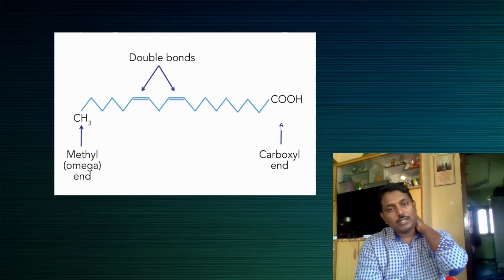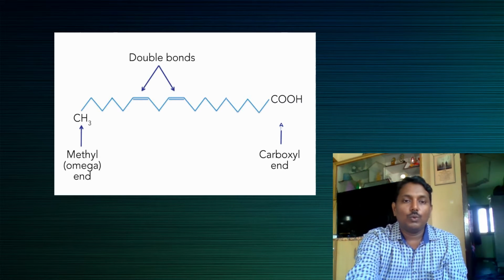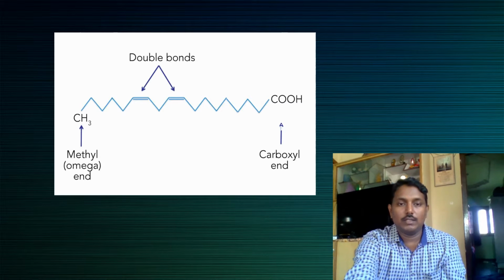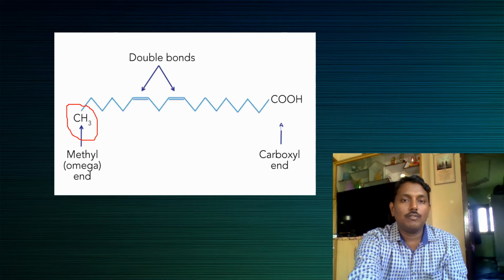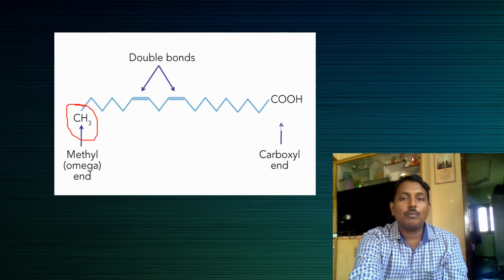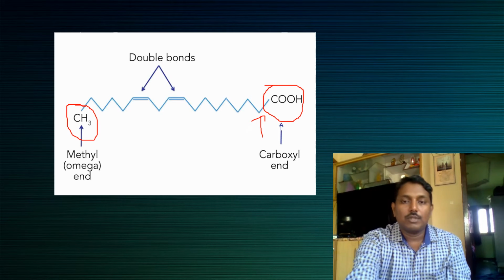There is a double bond, so it's an unsaturated fatty acid. If you can observe here in this slide, this is the methyl end of the fatty acid. This is the carboxyl end of the fatty acid. Generally, we count the carbon atoms from this carboxyl end.